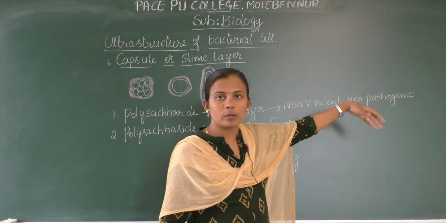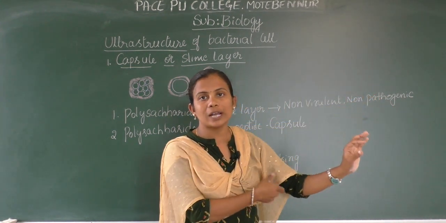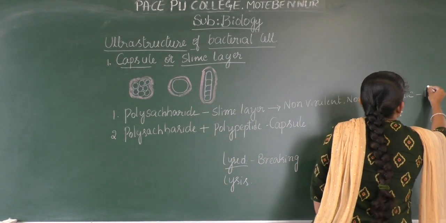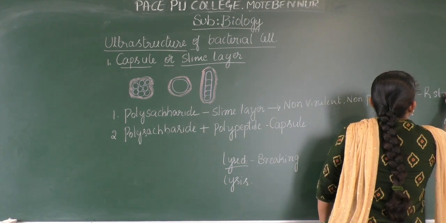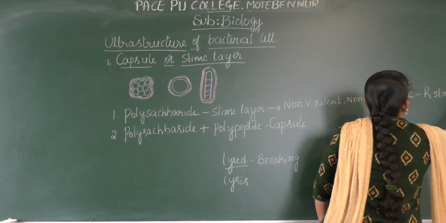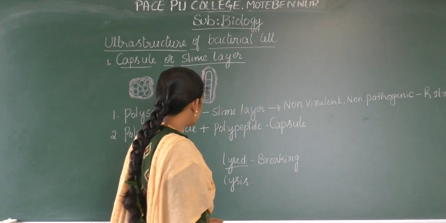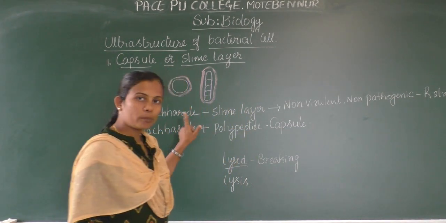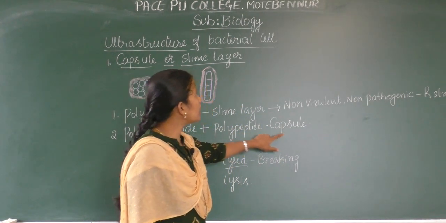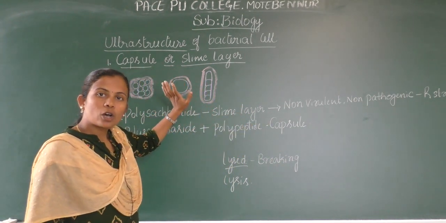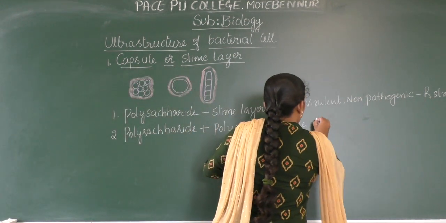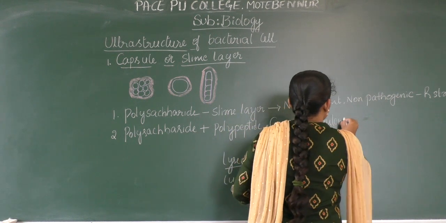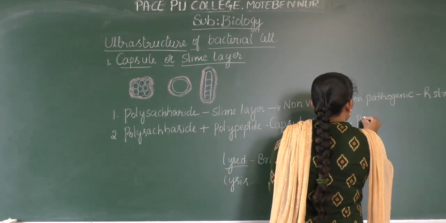Disease causing organisms are called pathogens. And this type of bacterial cells are called R strains. Later, one more type with a polysaccharide and polypeptide composition, capsulated bacterial cells, are also there, which are virulent and pathogenic.